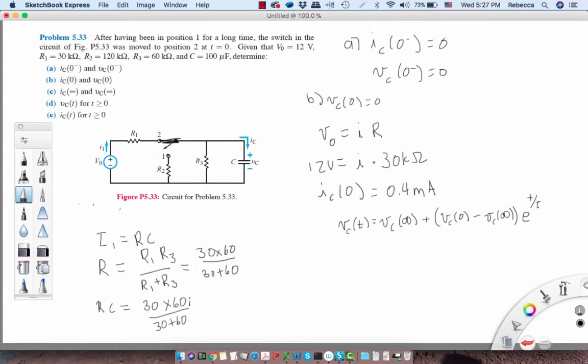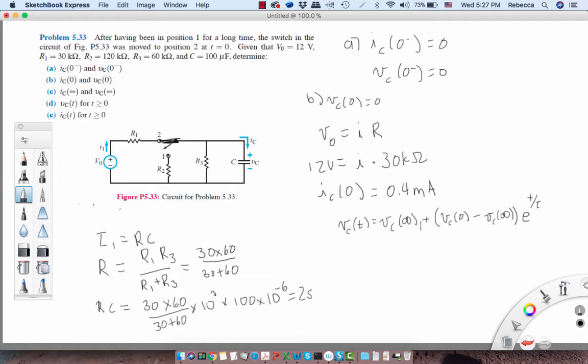So that's kiloohms squared over kiloohms, which is just kiloohms. That leaves us with a kilo, so we'll have 10 to the third. And then our capacitance is 100 microfarads, so that's times 100 times 10 to the minus 6. When we do that, that will be 2 seconds. So our time constant is 2 seconds.